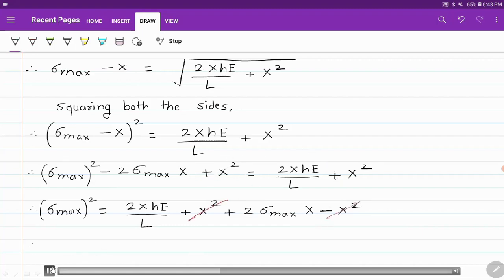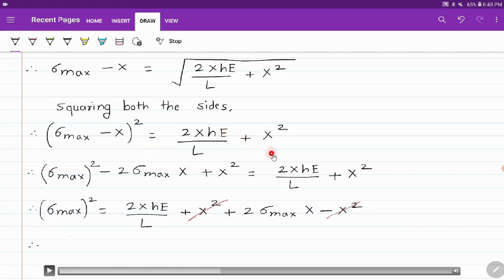so it will be minus. So once again try to understand. We have kept this term as it is on this side and we have transferred this minus term on the other side, it will become positive. This plus x square on the other side will become negative, and the right hand side as it is. So the right hand side is 2xhE by L plus x square, represented by these two terms.